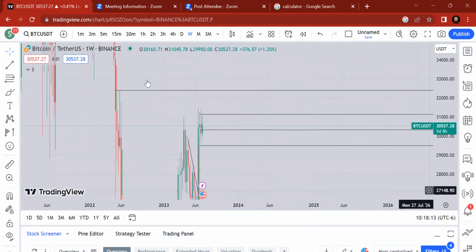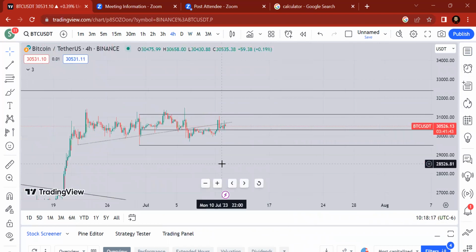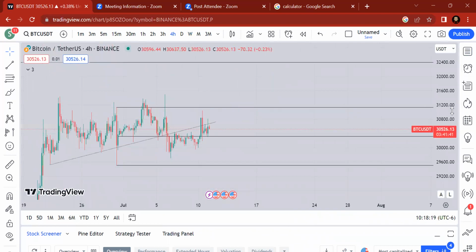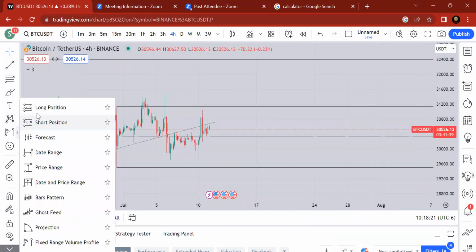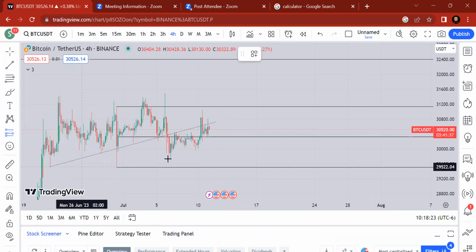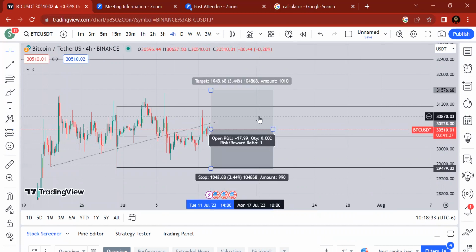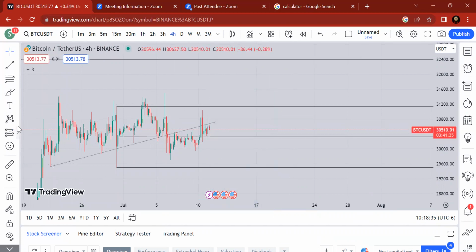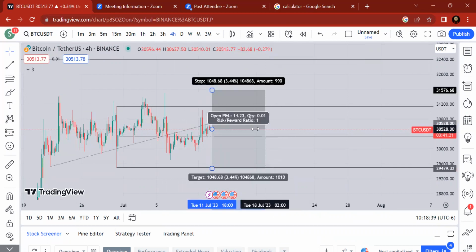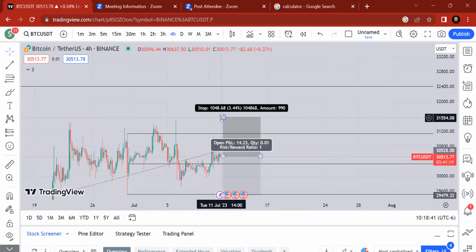Suppose I want to take a position here. According to my whole perspective, I analyze that, okay, according to this trend line, I want to short Bitcoin here. Sorry, long or short. I put my short tool here above my stop loss.